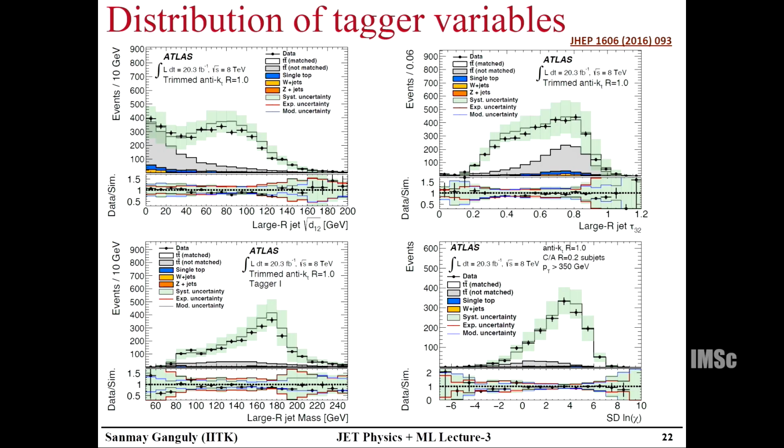So that says that in data at different kinematic regimes, we really have a good understanding of these different jet substructure variables. And we keep on calibrating them. We tend to use them for measurements, for searches, but this is the testimony that across different regimes of phase space, across different physics processes, we do understand them quite well.